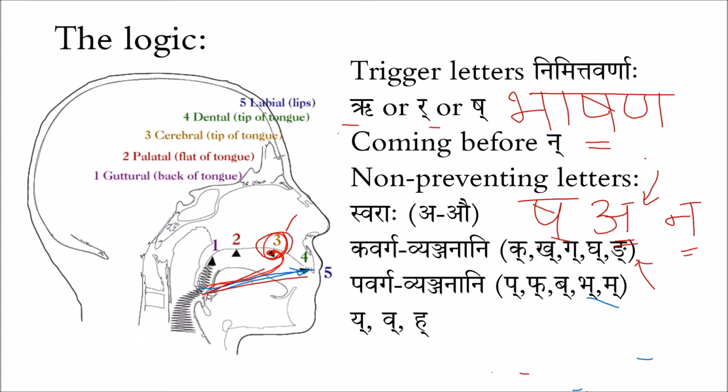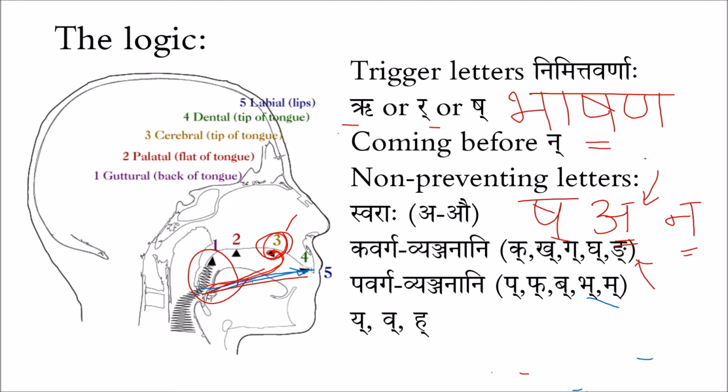The tongue does move a little bit, but it doesn't touch anywhere. A is also kantha. It is a kantha. So this A is a very natural swara, and other swaras, other vowels, are also natural. So the tongue, jihva, doesn't touch any of those positions.